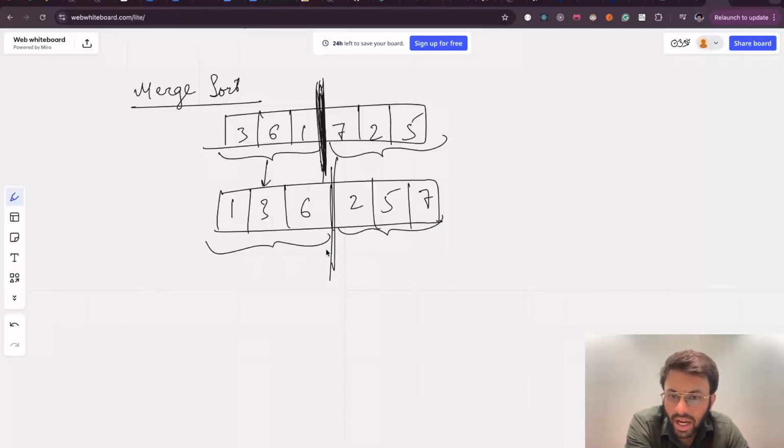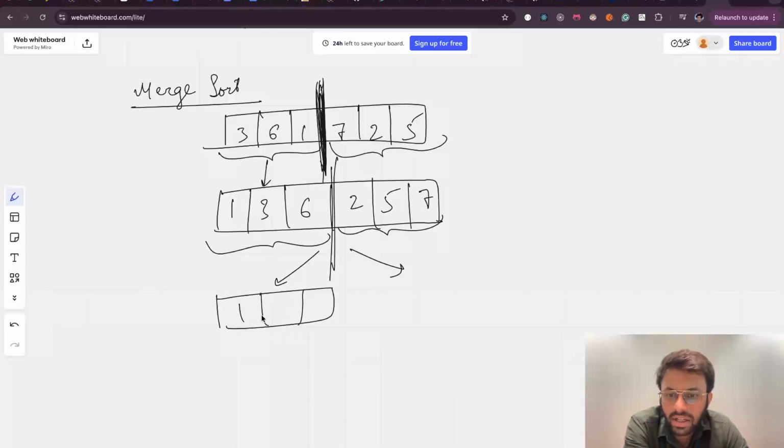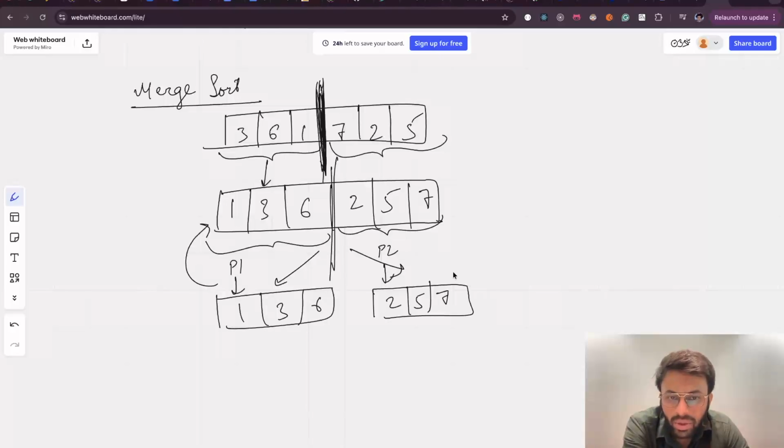Then what I do is I divide them into two different smaller arrays. And then use a two-pointer method to again combine them back into the original array. Okay. So this is what the merge sort algorithm is.